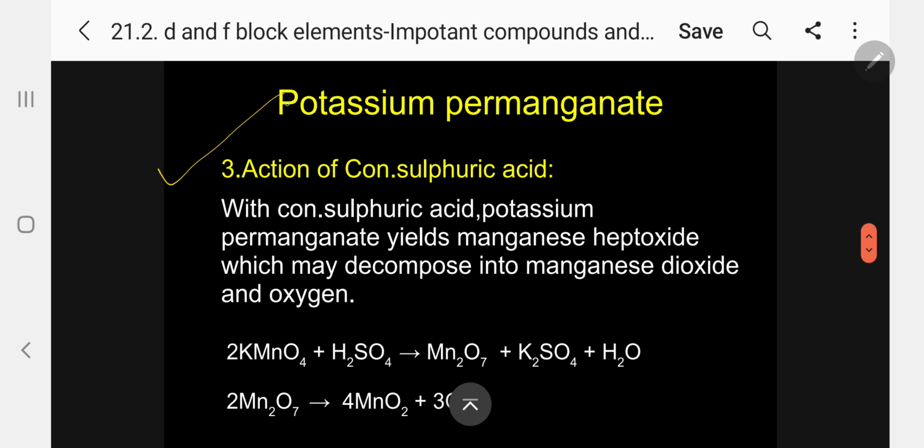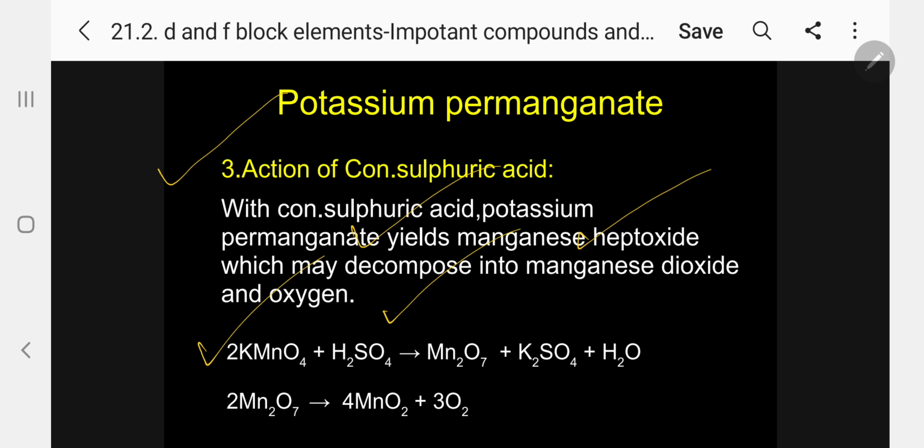Now, action of sulfuric acid. When concentrated sulfuric acid is added, potassium permanganate yields manganese heptoxide, Mn2O7, which may decompose into manganese dioxide and oxygen. Follow the reaction below.